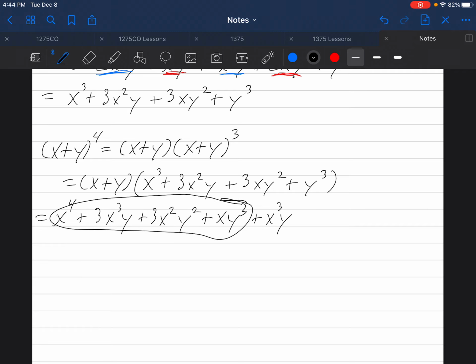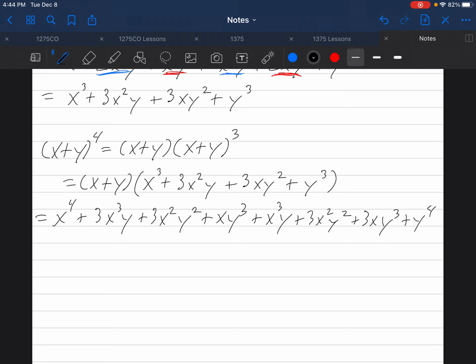So once we are done here, we have distributed all the x's. Now we're going to distribute all the y's. X to the third y plus 3x squared y squared plus 3xy to the third plus y to the fourth.